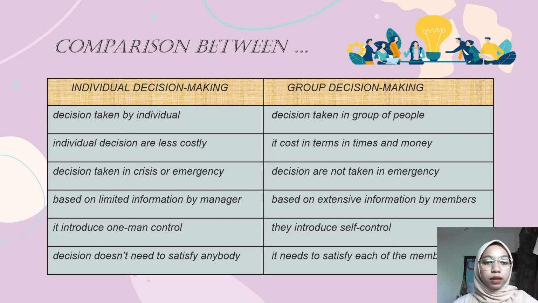Individual decision making is based on limited information by the manager, while group decision making is based on intensive information by members. Individual decision making introduces one-man control, while group decision making introduces self control. Lastly, individual decision making, the decision doesn't need to satisfy anybody, while group decision making needs to satisfy each of the members.